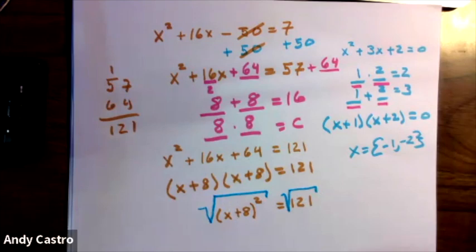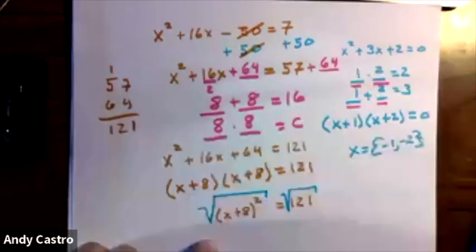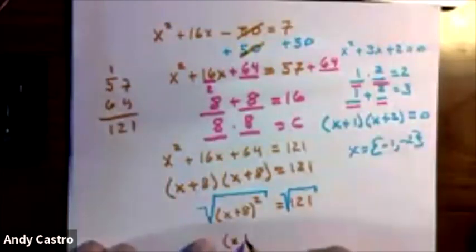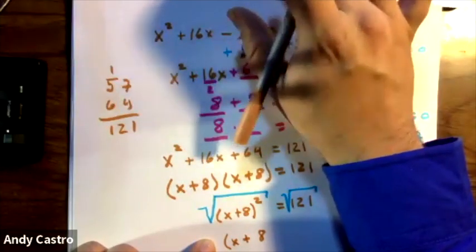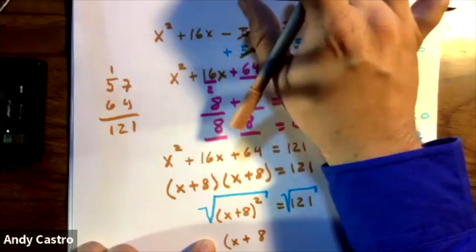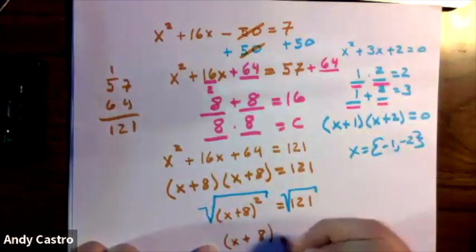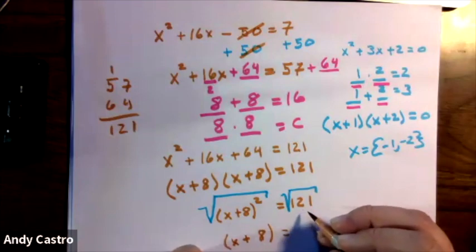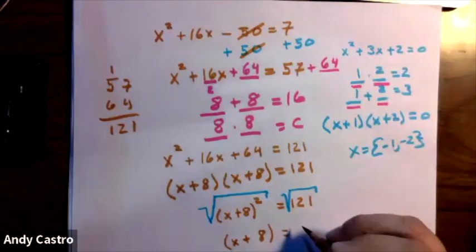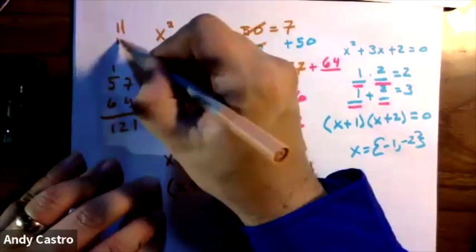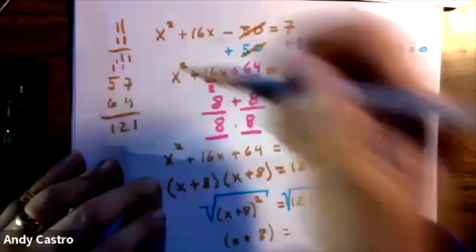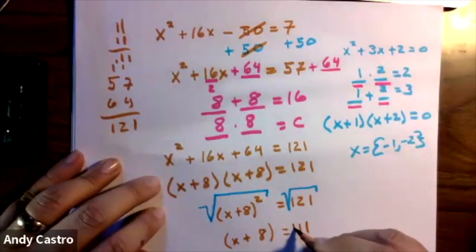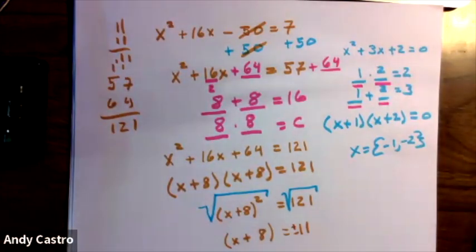This is going to be x plus 8 is equal to the square root of 121. I think that's 11. Is that right? Let me just multiply 11 here. Yeah, that is 11. So plus or minus 11.